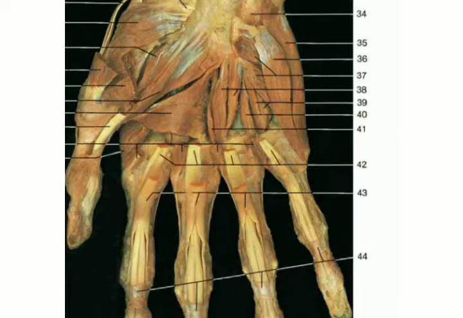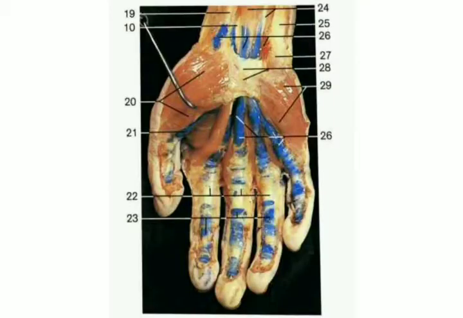We can also see the tendon of the flexor digitorum profundus, and number 24 is the flexor digitorum superficialis. Both muscles help in finger PIP and DIP flexion.